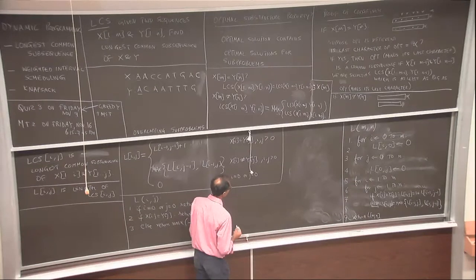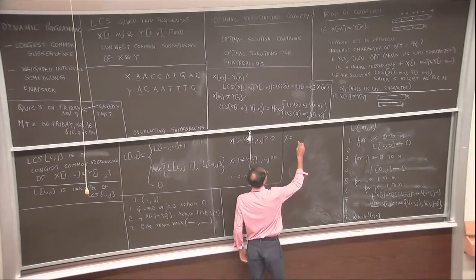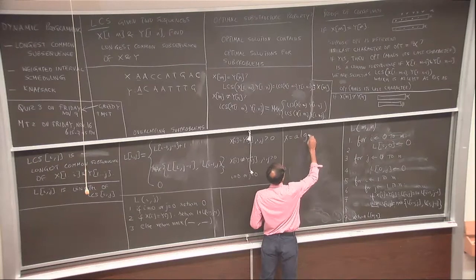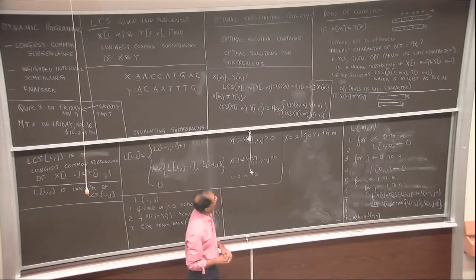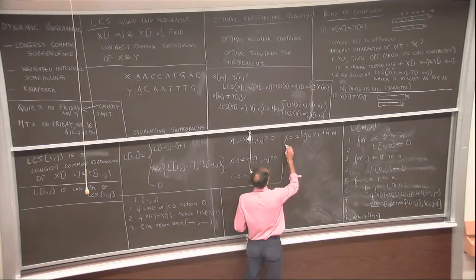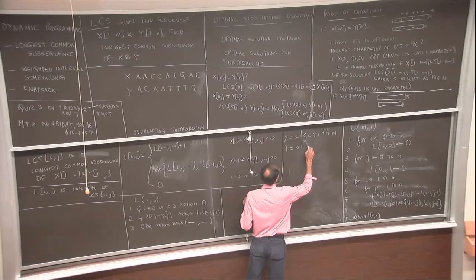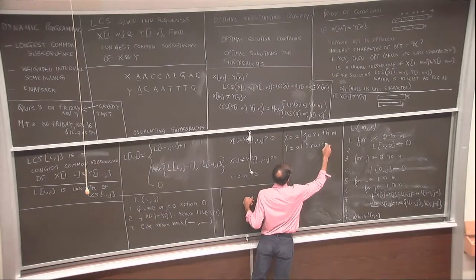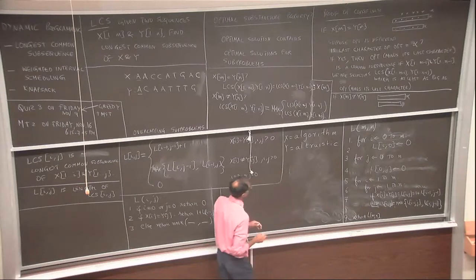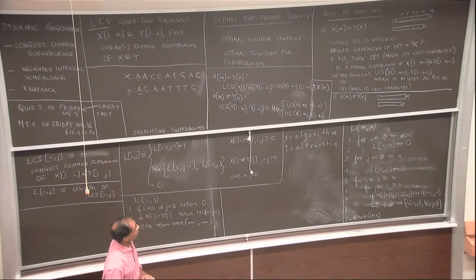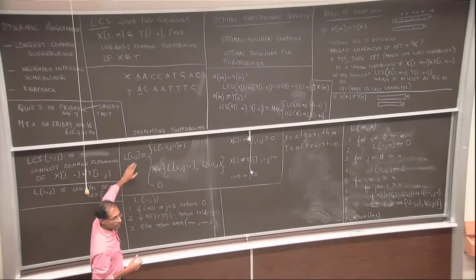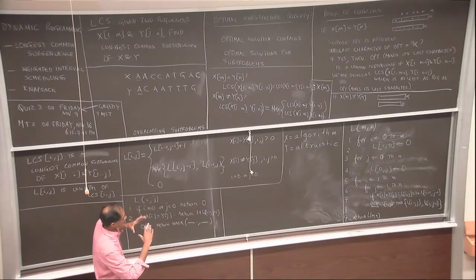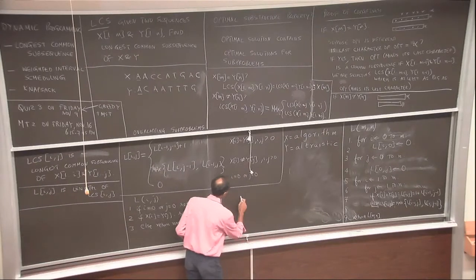Let's say we have two sequences: X is algorithm and Y is altruistic. We want to find the longest common subsequence between these two sequences. Remember, what we are really trying to do is calculate the length of these sequences. So we have an array. Let's build this array.